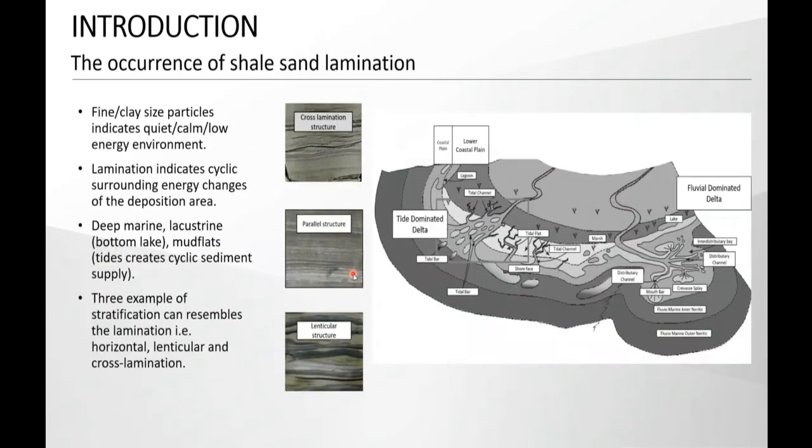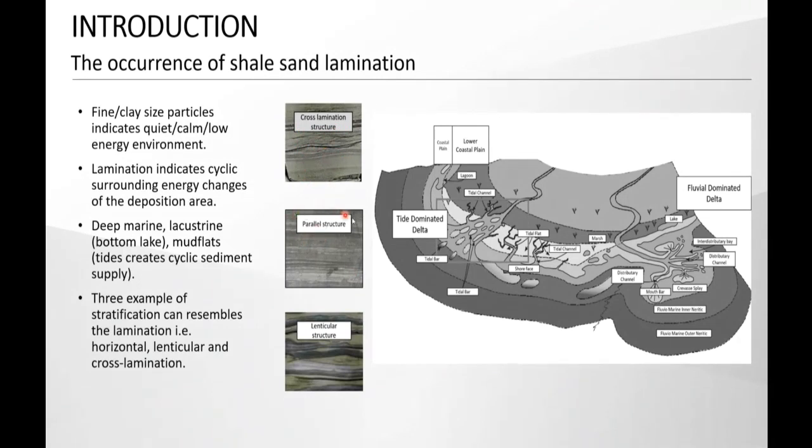Before that, here is the occurrence of shale and shaly sand lamination. We know that shale consists of more than 70% clay particles that are normally deposited in a low energy environment, a very calm, quiet environment. And this lamination, you can see from this cross lamination structure, indicates cyclic surrounding energy changes of the depositional area.